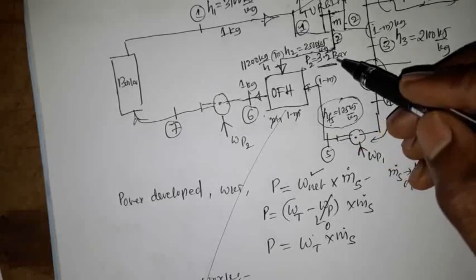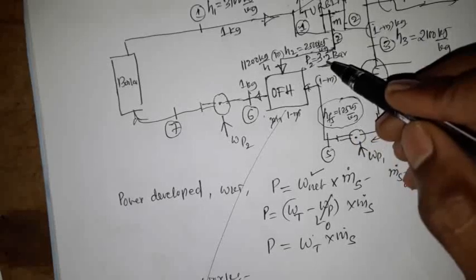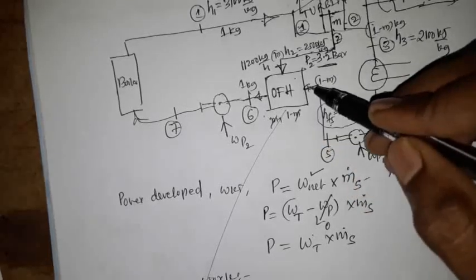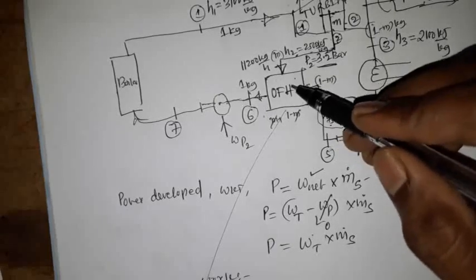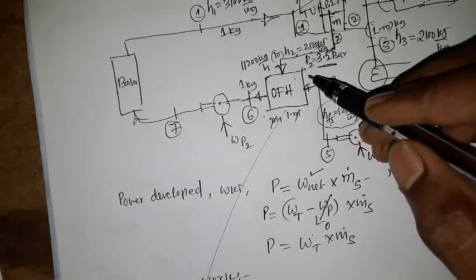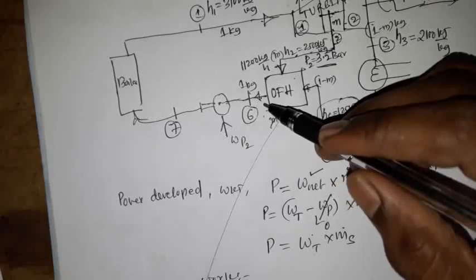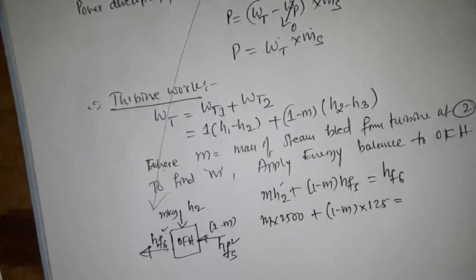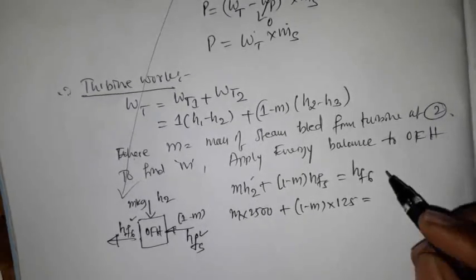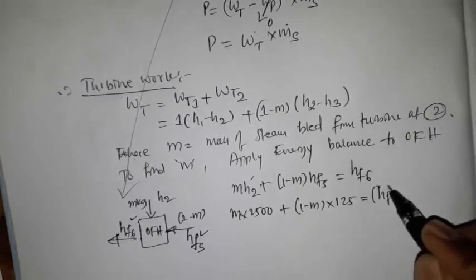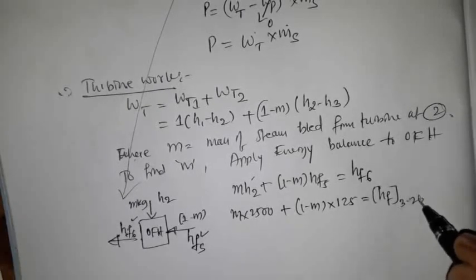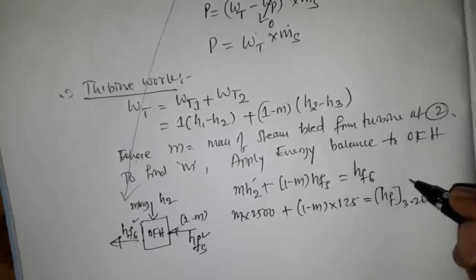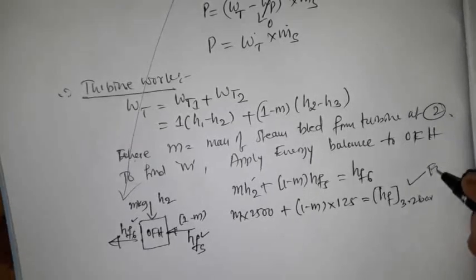The pressure of the steam is 3.2 bar. So hence the same pressure is maintained at 6 as well as at the inlet here. So hence HF6 will be equal to HF at 3.2 bar. So we need to obtain this value from the steam table.